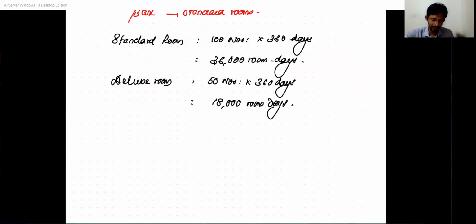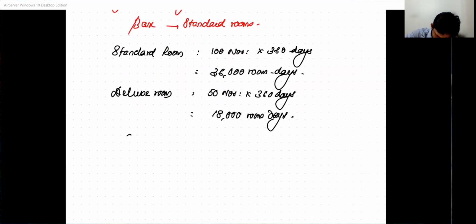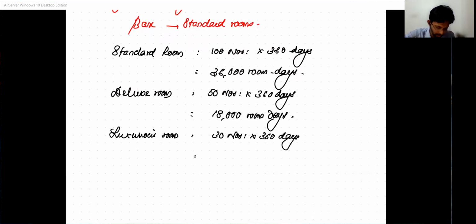Similarly, when you see the luxurious room, you have 30 rooms, 360 days. You get a total of 360 into 30, 10,800 room days.